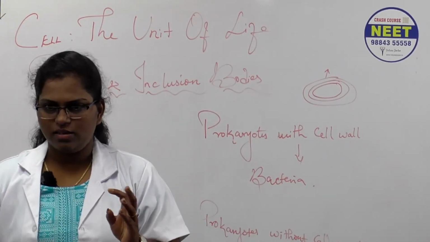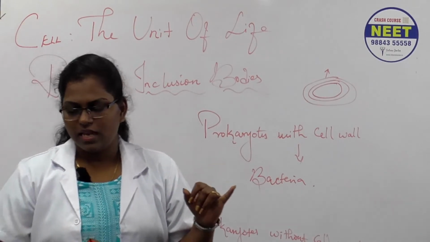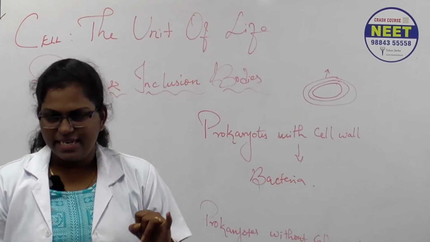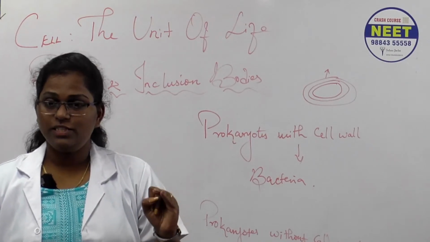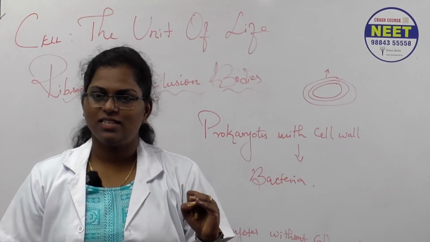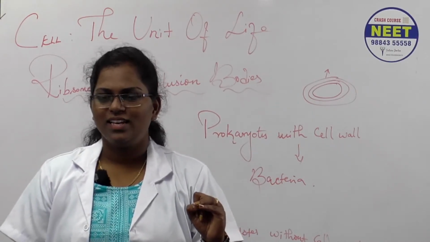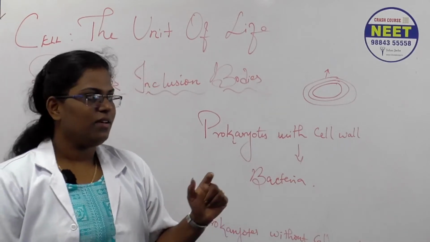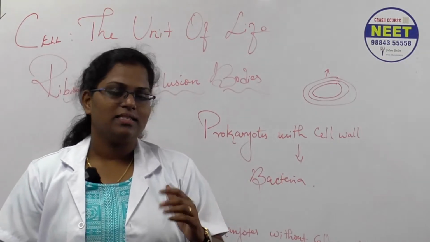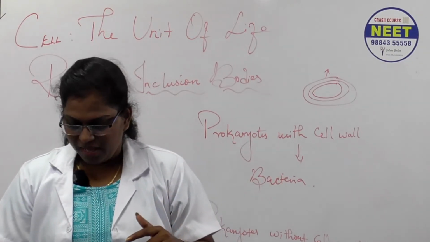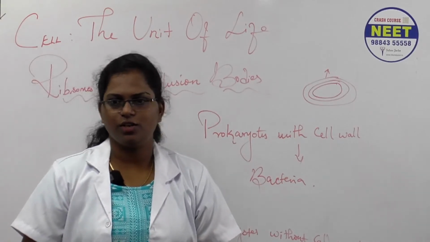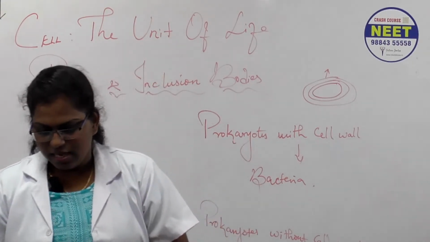Cell wall formation, then DNA replication. In which phase will DNA replicate? I have told, no? In cell division we are going to study DNA replication. DNA replication will start at S phase. And the third one is distribution to daughter cells.